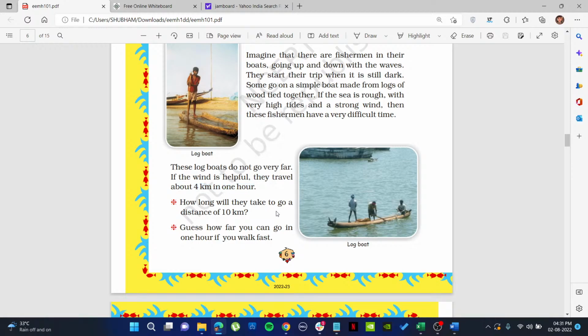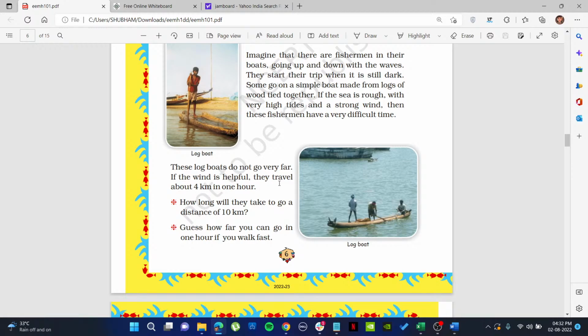Suppose the question says, how long will they take to go a distance of 10 kilometer? We can calculate the time as well.